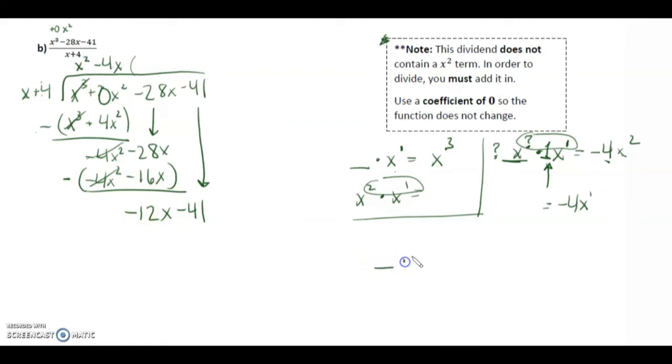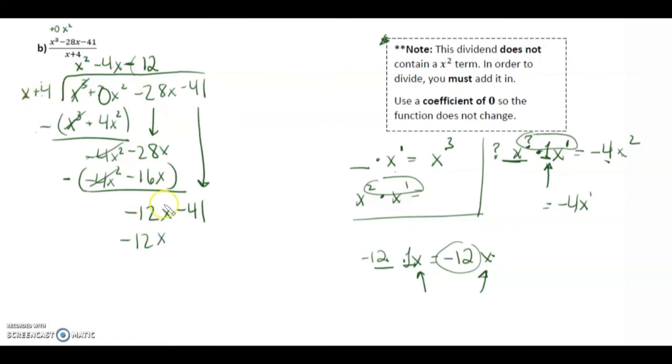Well, the x is already accounted for, so we don't need another x term, but the coefficient 1 would have to be multiplied by negative 12. So our number up here is negative 12. Negative 12 times x is negative 12x.